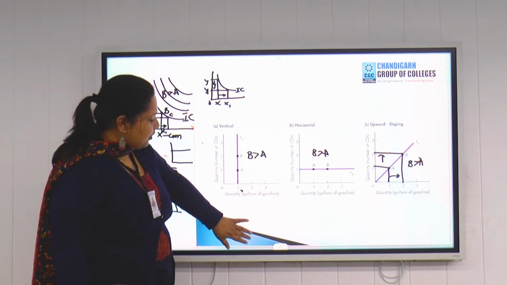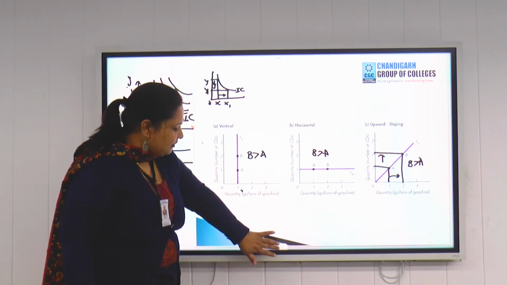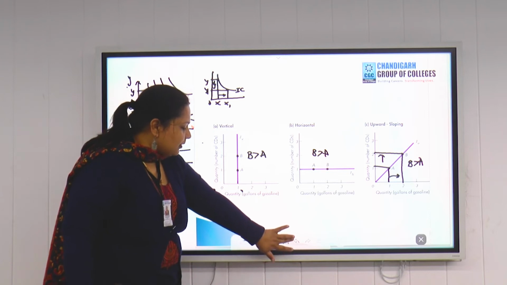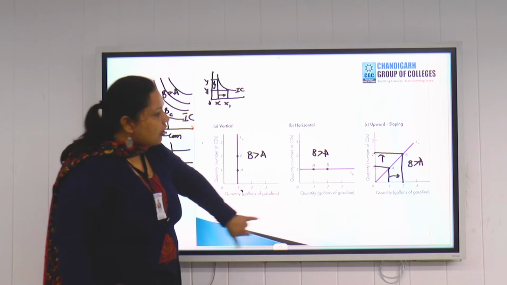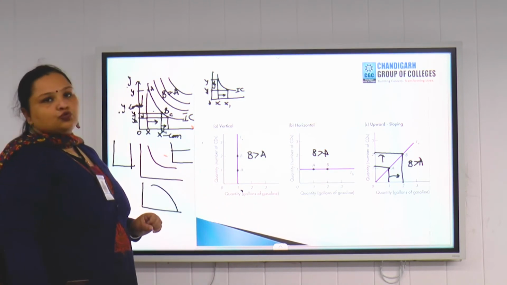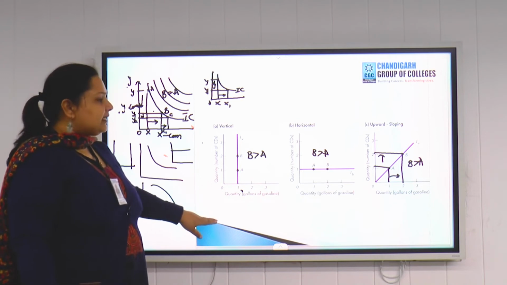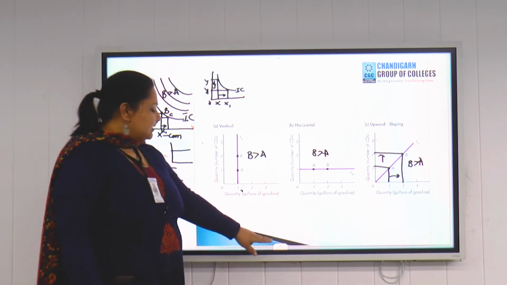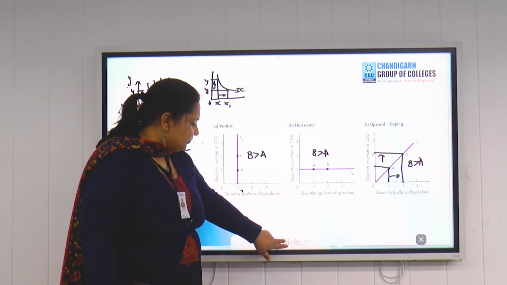So this is the first property of indifference curve. Now what is the second property of indifference curve? The second property of indifference curve is that it is always convex to the origin. It will not be concave and it cannot be a straight line. It will always be convex to the origin.